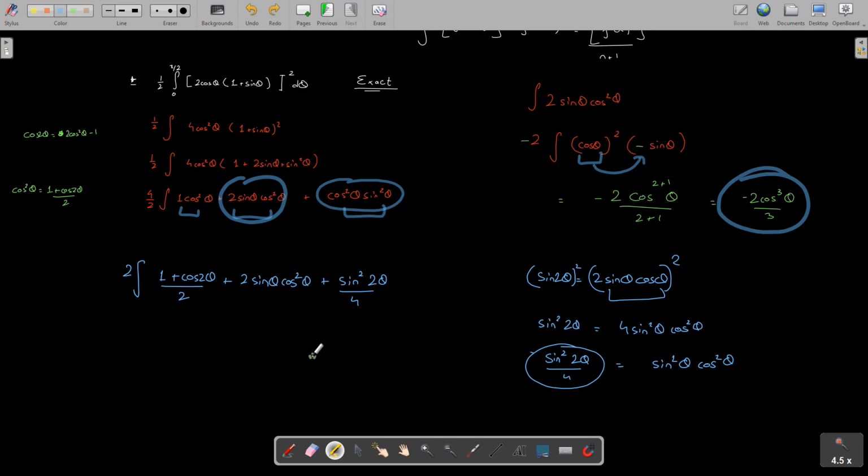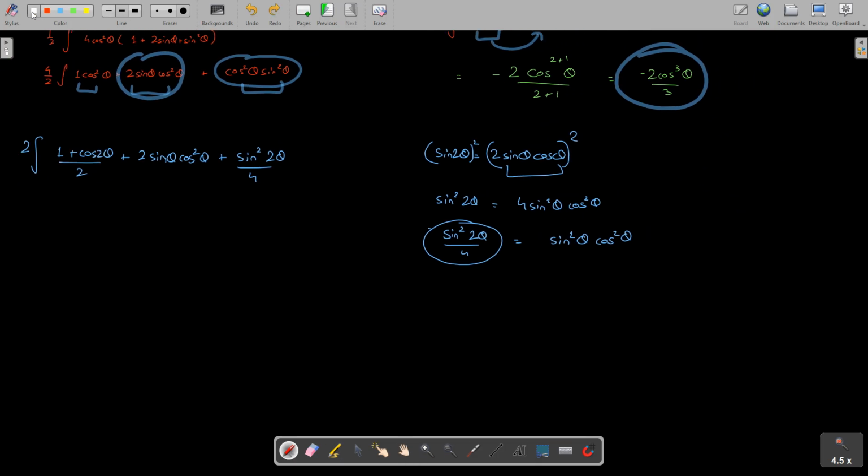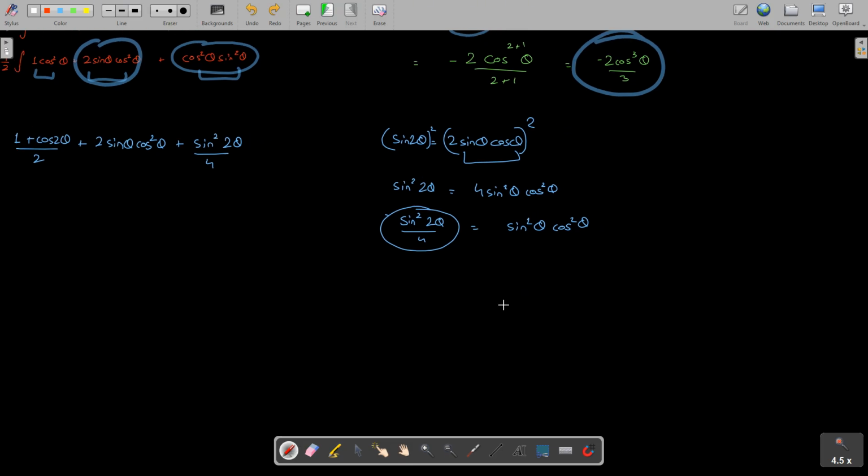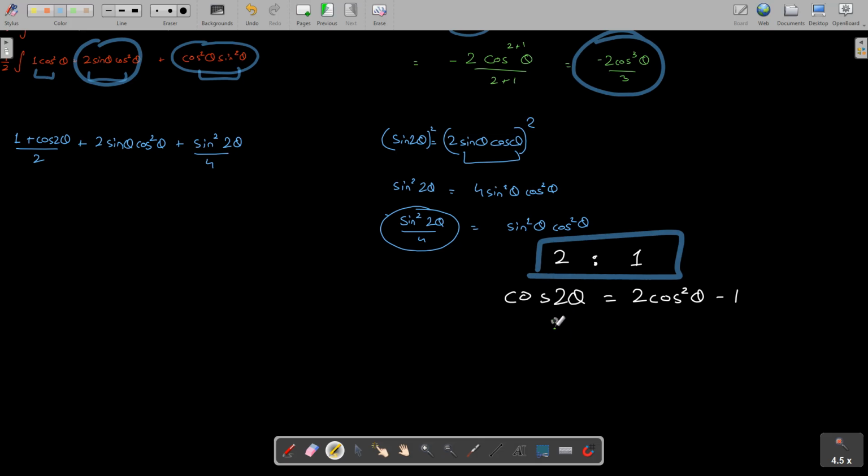So what do I do now? For this, you need to be aware of the fact that there is a ratio going on in trigonometry. For example, cos 2 theta equal to, let's say, 2 cos squared theta minus 1. This is the ratio, right? 2:1 with the angles, if you notice, because this is always twice of this angle.